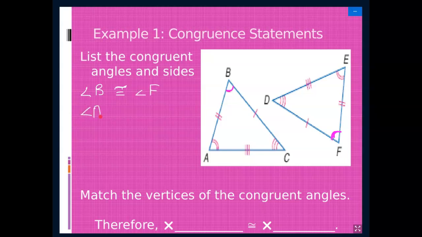Angle A is congruent to angle E because they have 2 arcs. Angle C is congruent to angle D because they have 3 arcs.